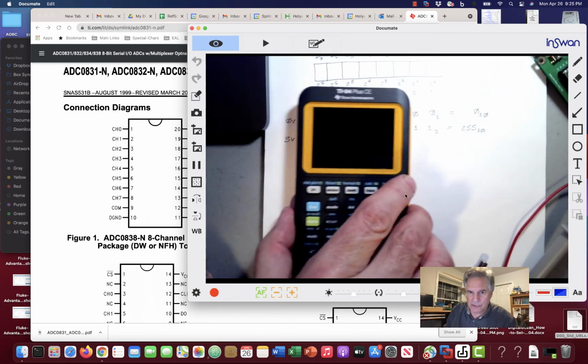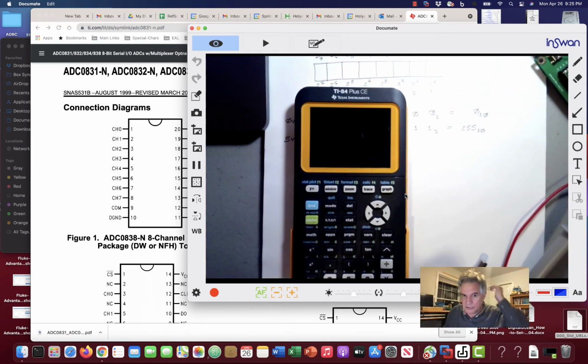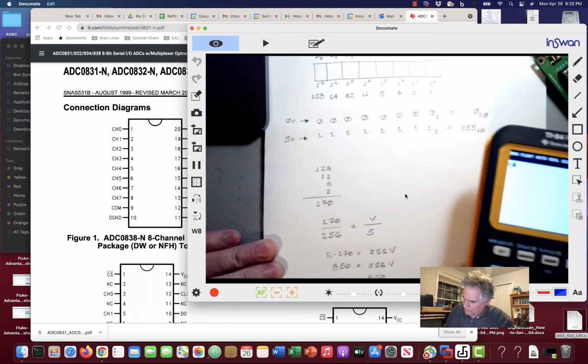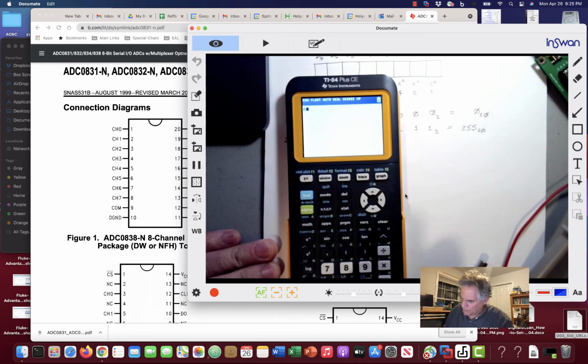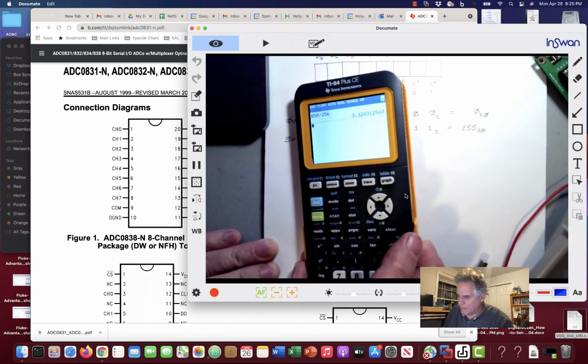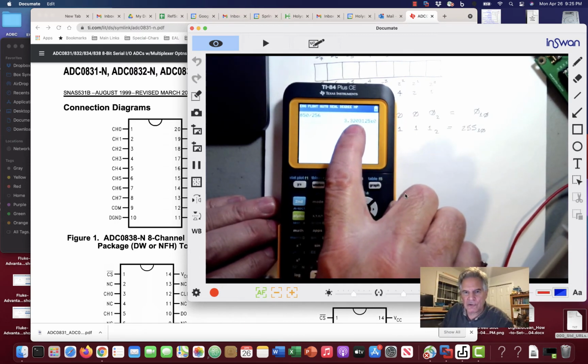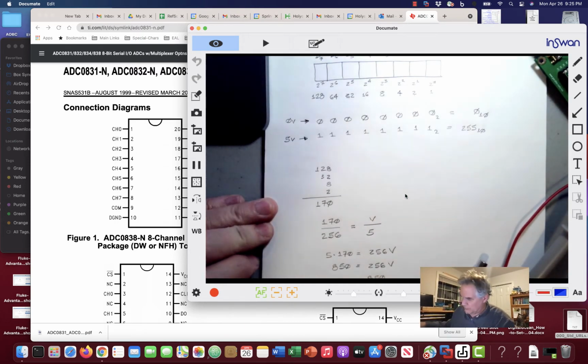Survey says, let's bring down the Billy Barul here, light him up. Okay, and we've got 850 divided by 256, and I get 3.32 essentially.